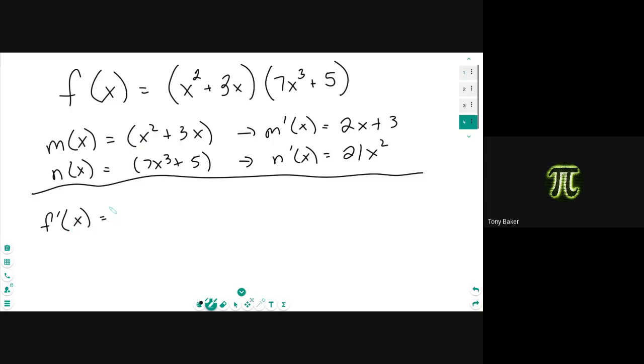So it's the derivative of the first, so 2x plus 3, times the second, plus the first times the derivative of the second.